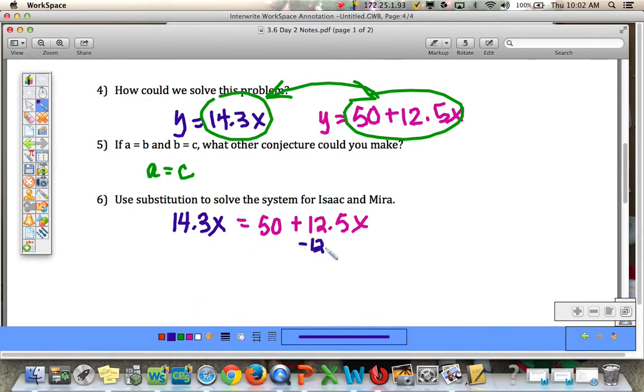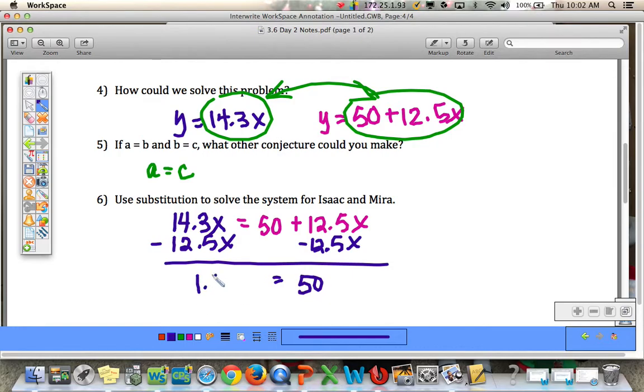Let's get rid of this 12.5x from each side. We have 50 equals, and for my calculator, 14.3 minus 12.5, 1.8x. Get rid of the 1.8 by dividing. So 50 divided by 1.8.